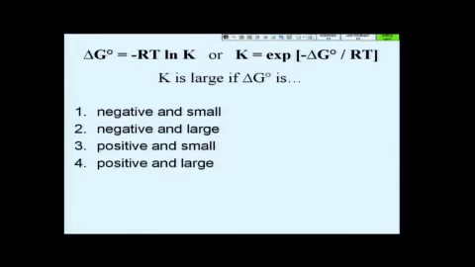If you have a large value for K, what do you expect to be true about delta G naught? Can you hold the correct answer for a minute and just maybe put up the distribution? Okay. All right. Let's give that 10 seconds.